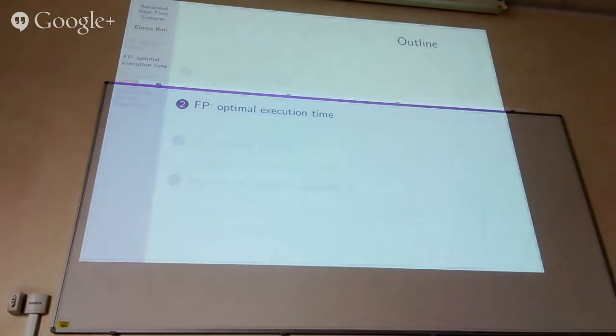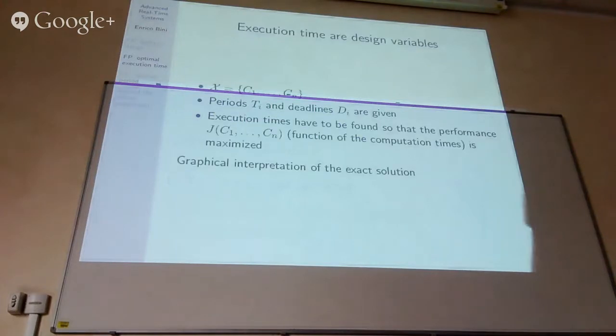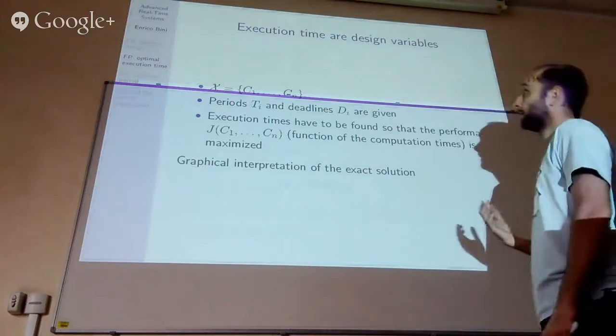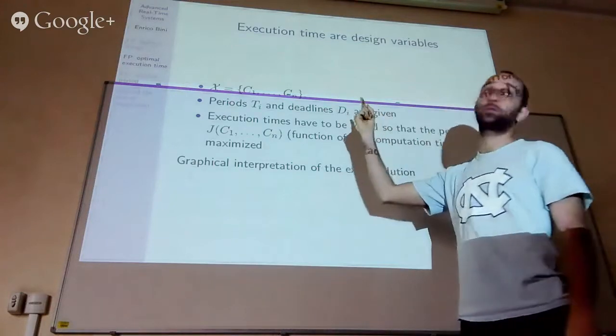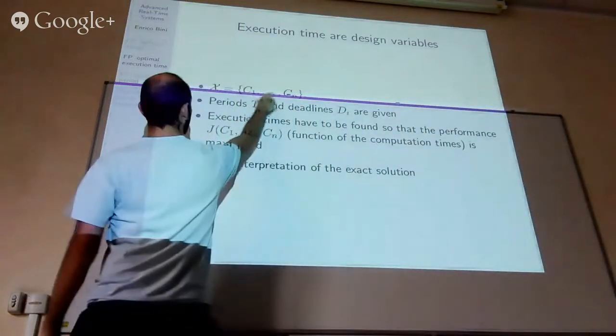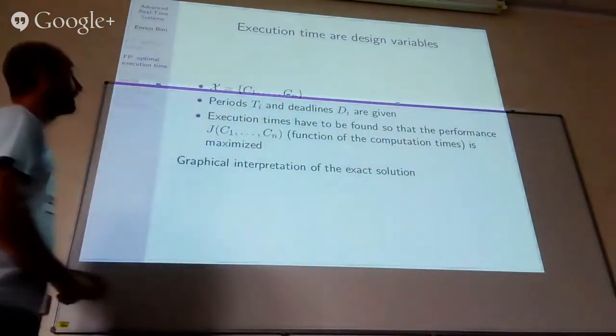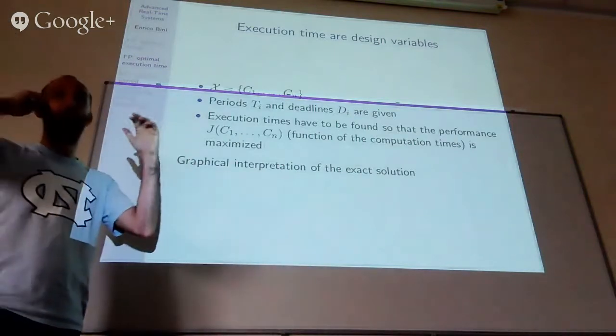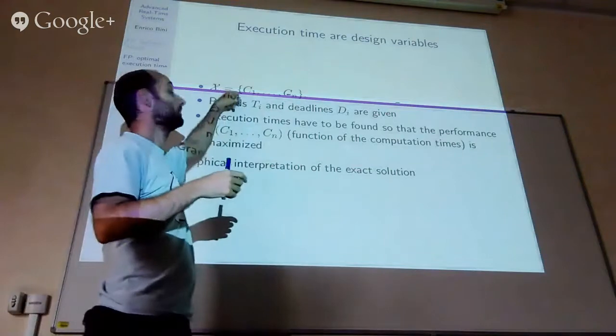Right, so optimal execution time. When I say optimal execution times, I mean that I assume the variables to be the execution times of tasks. Okay? So basically, X is the set of all computation times. And so I consider the case where the task set is entirely given, except for computation times.